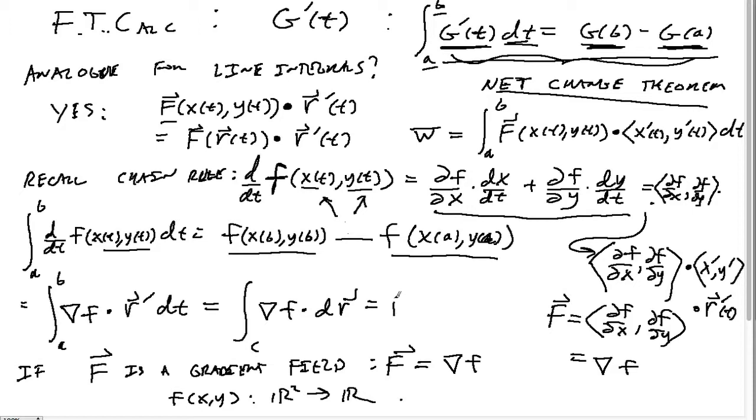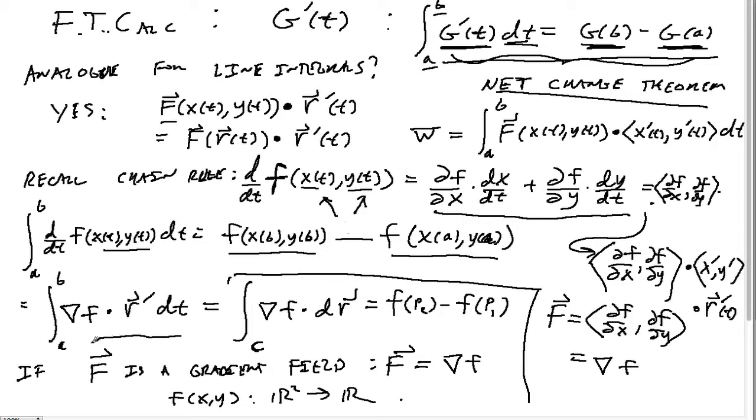We can simply evaluate the function at the endpoint, call it P2, minus the beginning point, P1, of our curve C. We can write this down as a theorem.